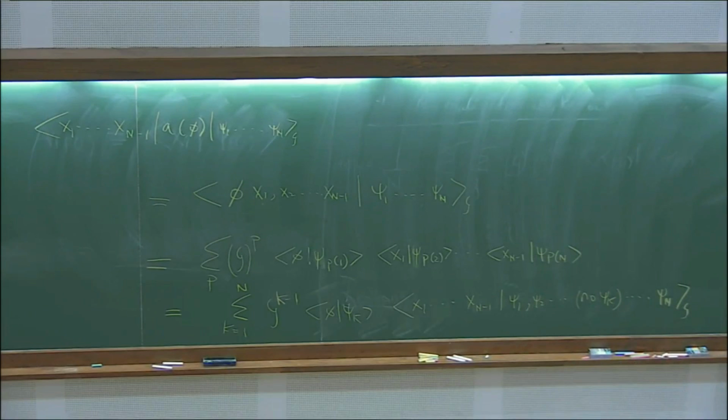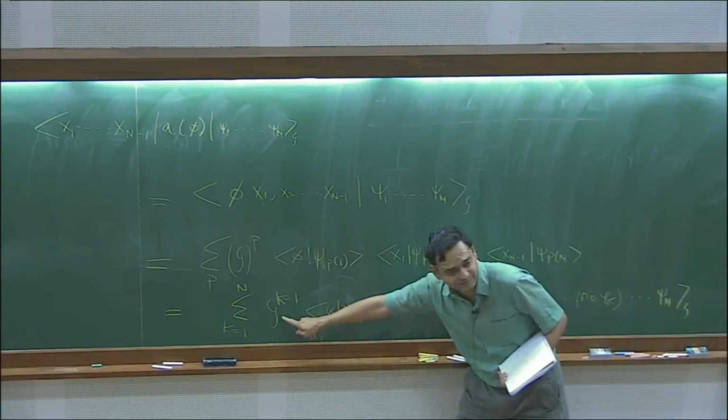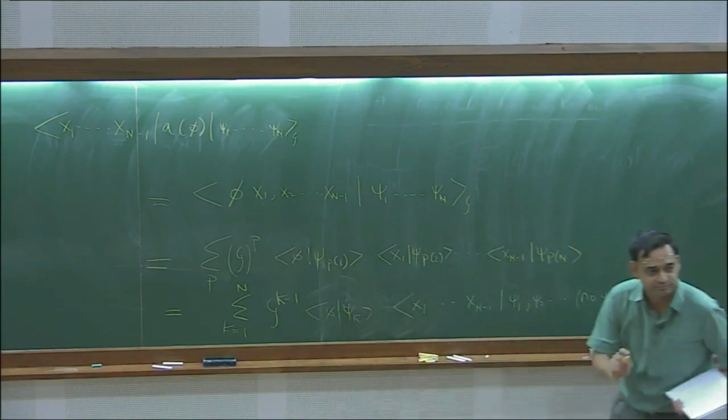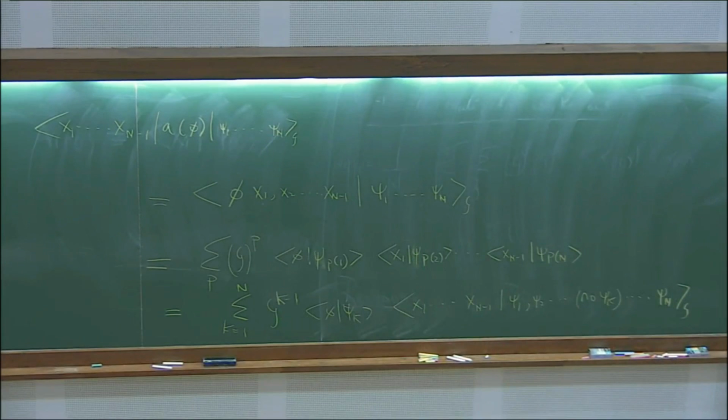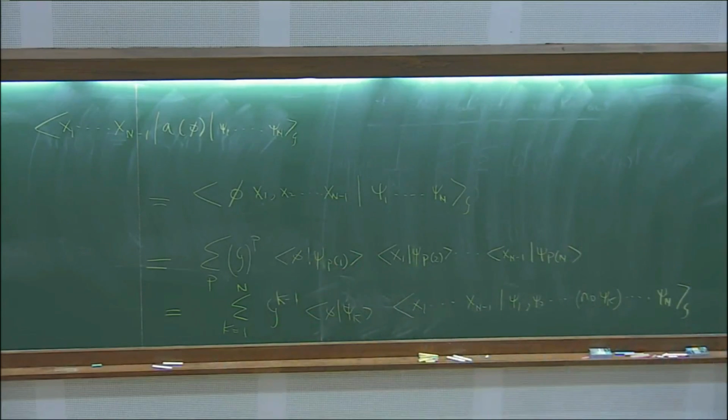Okay. This you can prove simply by imagining that you bring psi k to the left. When you do that, you have to pay this price in terms of factors of minus 1. Okay. So this gives you what the action of A is on a ket.